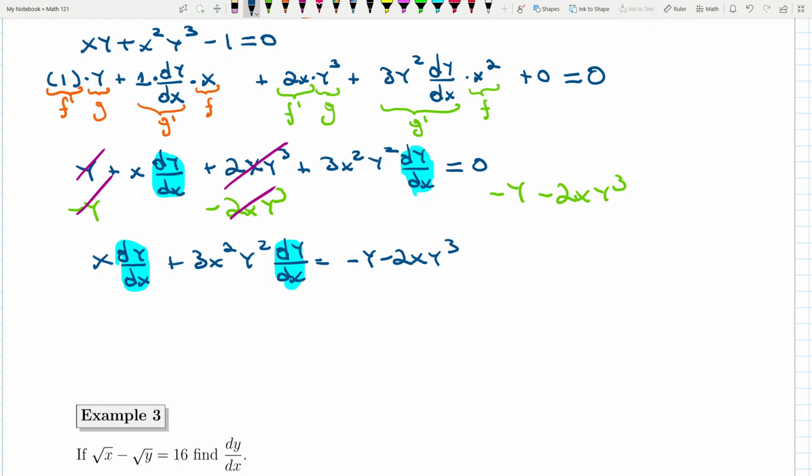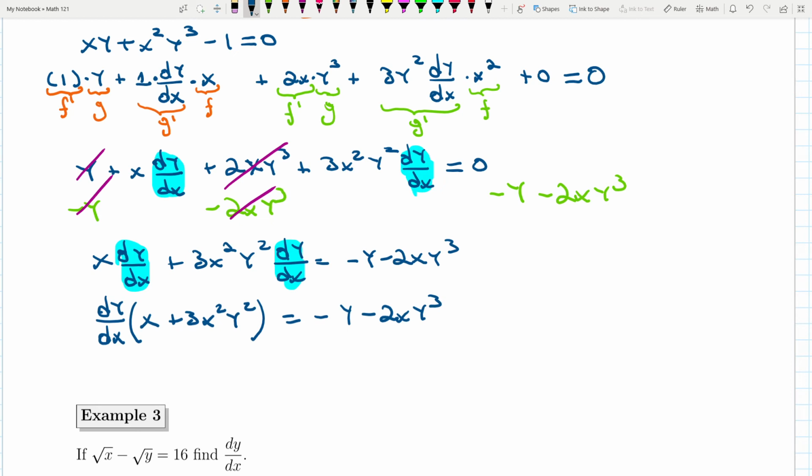So we factor that GCF essentially. dy/dx, and that's an x plus 3x squared y squared equals -y minus 2xy cubed.